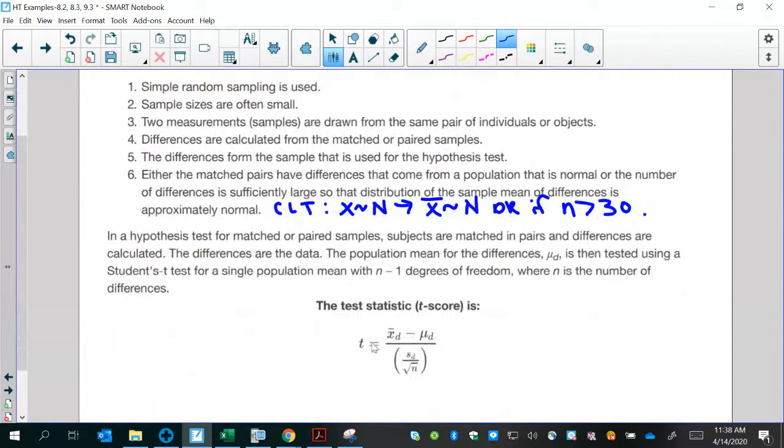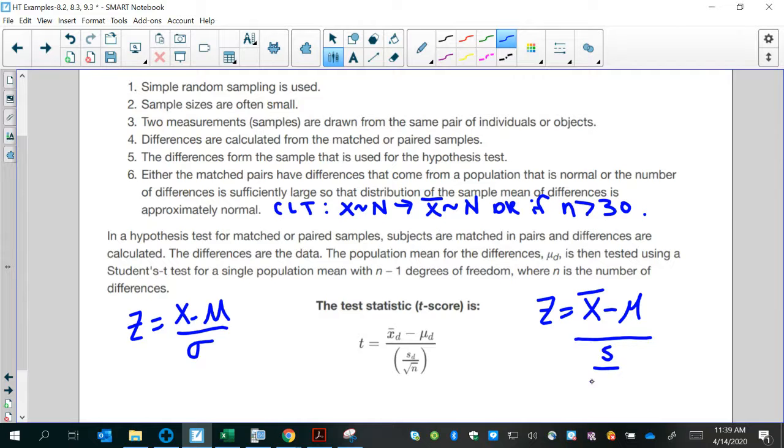And this is the standardizing formula. And notice that it's still just like your z-score formula. Remember the z-score formula originally like this, or if we're dealing with sample means by the central limit theorem, x bar minus mu over the standard error, where we adjust the standard deviation, dividing it by the square root of n.